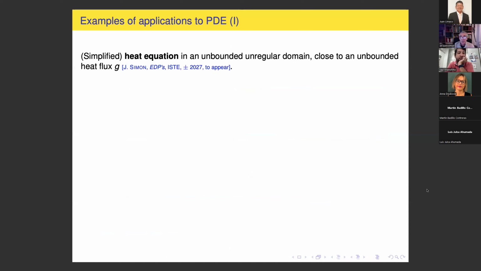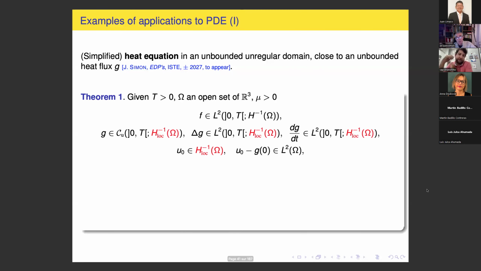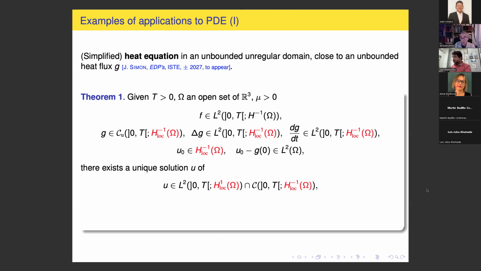If you find a solution of the heat equation in an unbounded and irregular domain, the theorem says that in this case, where the right-hand side is only in L2 of H-1 loc, and if we have a function g such that delta g and dg over dt are in L2 loc and in L2 of 0,T with values in H-1 loc, and if U0 is in H-1 loc, and if U0 minus G0 is in L2 of omega, then there exists a unique solution which is in L2 of H1 loc and which is continuous with values in H-1 loc.